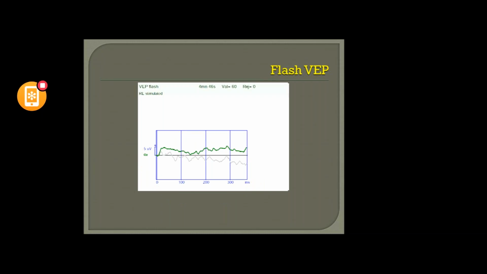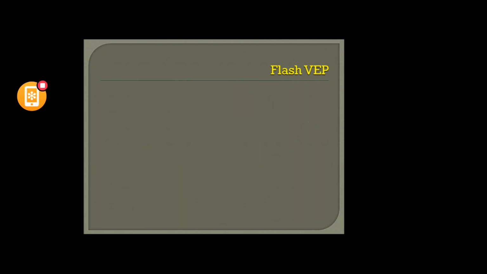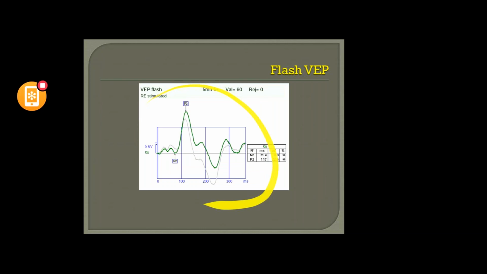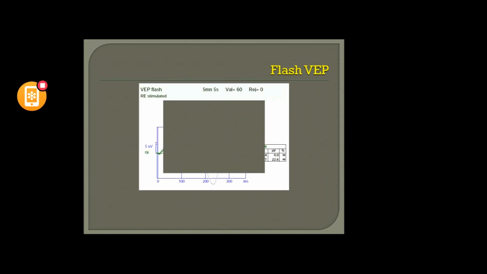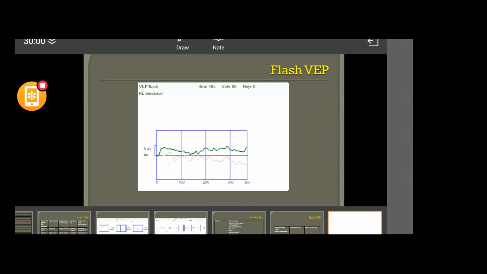This could be due to the patient's poor cooperation, poor electrode placement, or even due to the pathology that is present in the patient. So that waveform is not at all a normal waveform, but the previous one that I showed is a pretty normal waveform. So you have an idea of how a normal waveform looks and how an abnormal waveform looks.